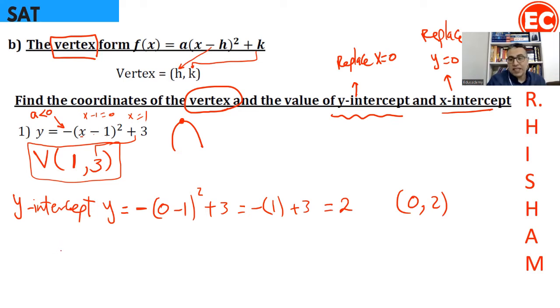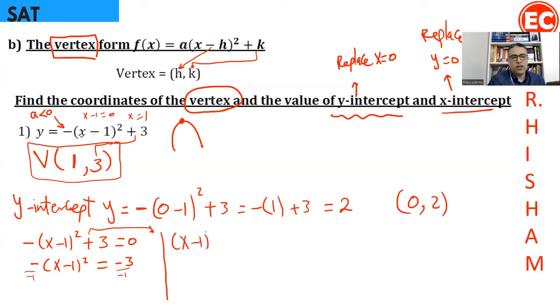And to find the x-intercept here, I will make the whole equation -(x - 1)² + 3 equal to 0. Listen carefully to how I will solve this equation, because I'm going to use completing the square. This is negative. Positive 3 will move to the other side, negative. Divided by negative 1, divided by negative 1.